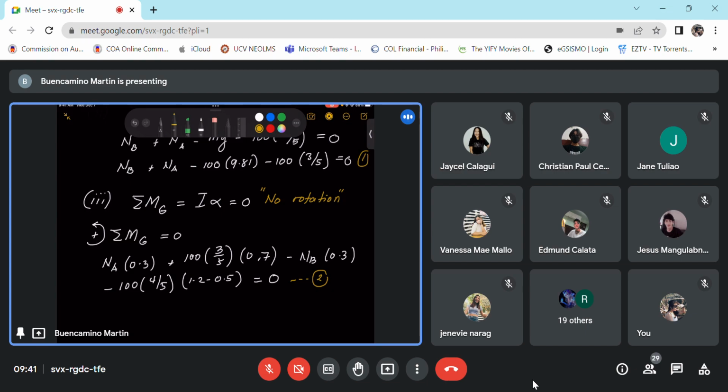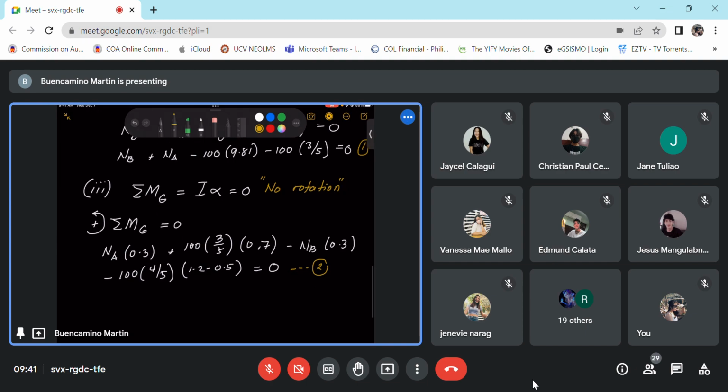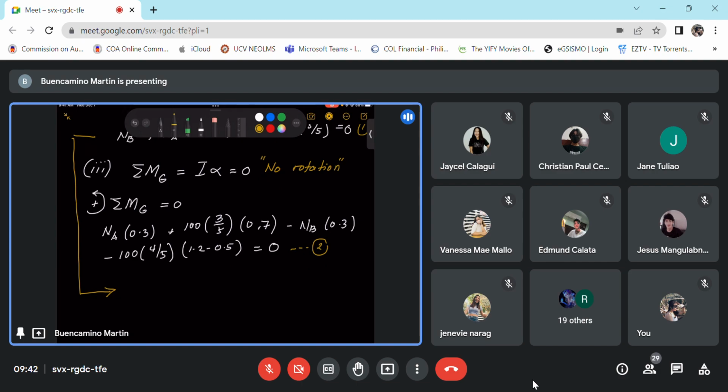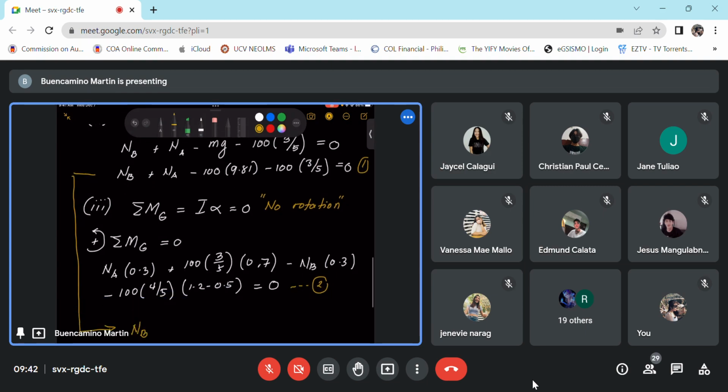So notice, class, that from equation 1, this equation 1 natin, you can also have this as NB would be equal to 100 times 9.81 plus 100 times 3 all over 5 minus NA.